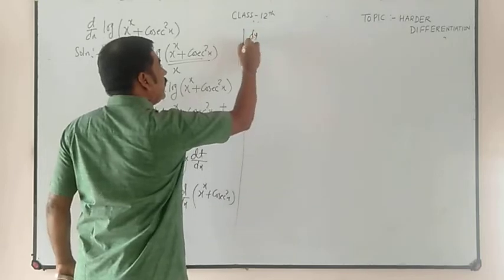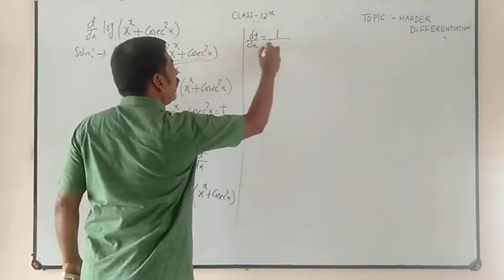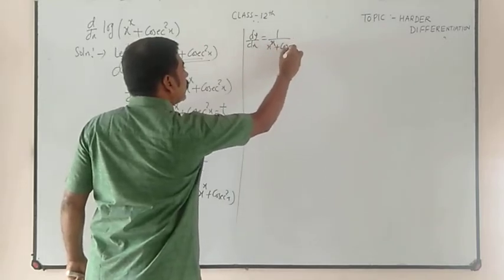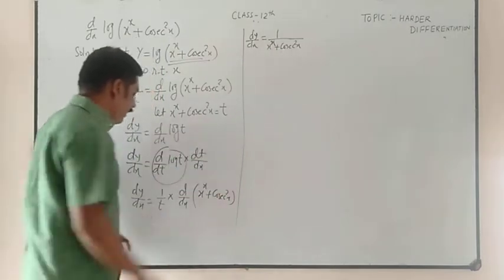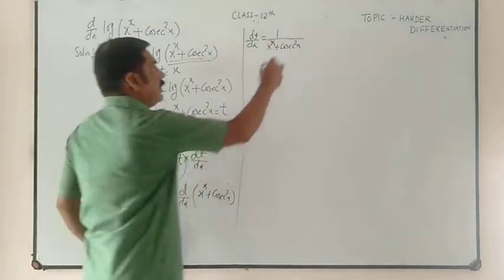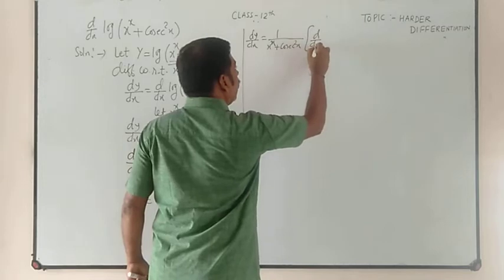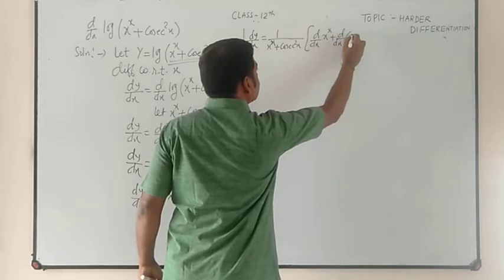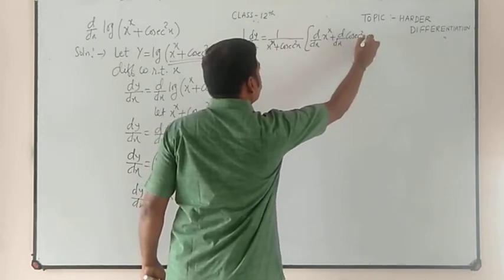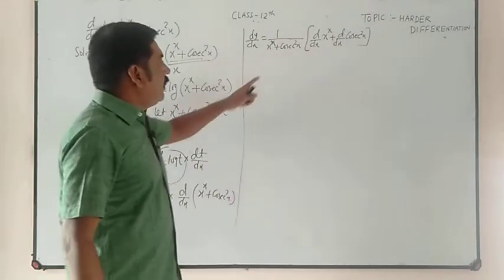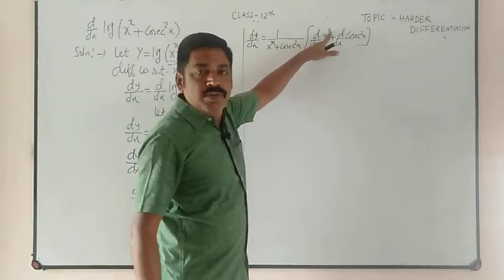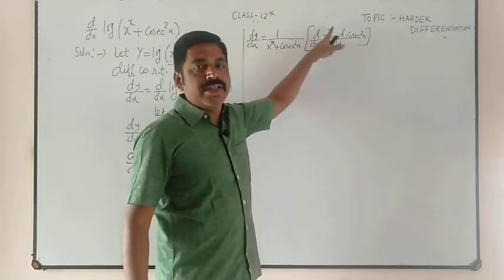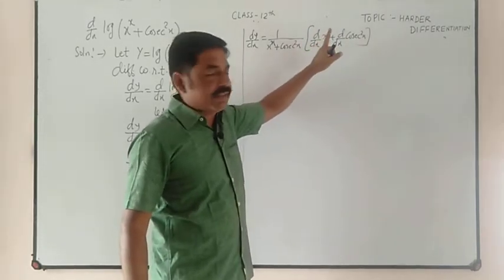So dy by dx is equal to 1 upon x raised to x plus cosec square x, this is the value of t, inside d by dx x raised to x plus d by dx cosec square x. Now this is variable raised to variable, so we don't know the differentiation of variable raised to variable, means x raised to x.